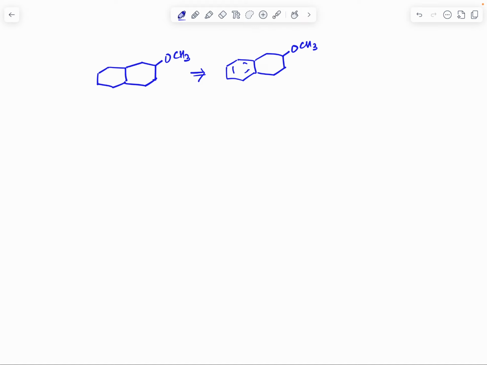So we know, since this is an ether, we could make an ether out of an alcohol. So I think backwards from there. So that could be an alcohol. And then could we potentially make that alcohol from an alkene? Yes, we could.